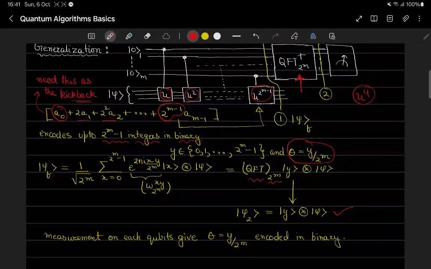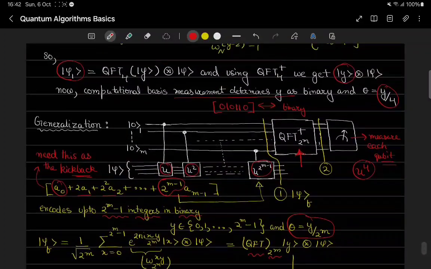Now you can measure each of the qubits. You can measure each qubit to get the value of y in binary form, decode it to integer form, and then theta will be y over 2 power m.